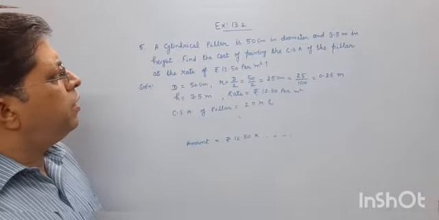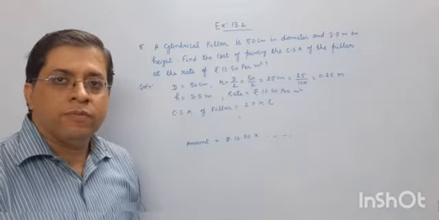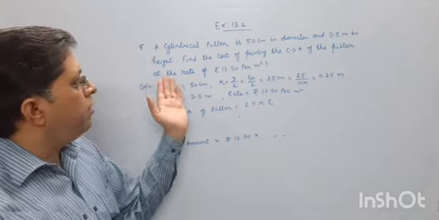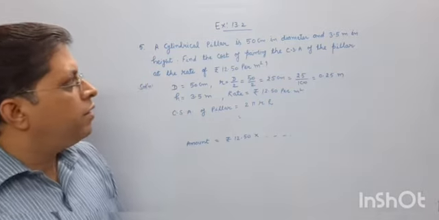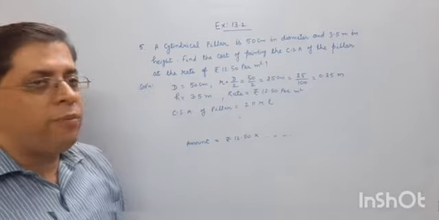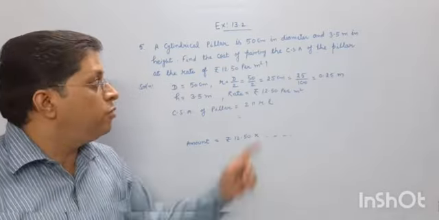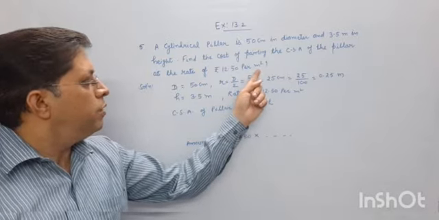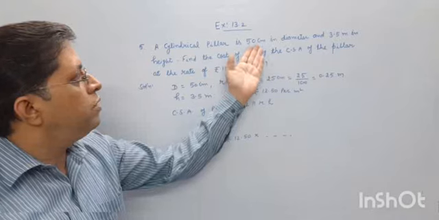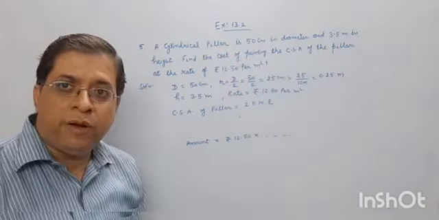A cylindrical pillar is 50 centimeter in diameter and 3.5 meter in height. Find the cost of painting the CSA of the pillar at the rate of rupees 12.50 per meter square. The rate is given per meter square, but the calculation is in centimeter form.